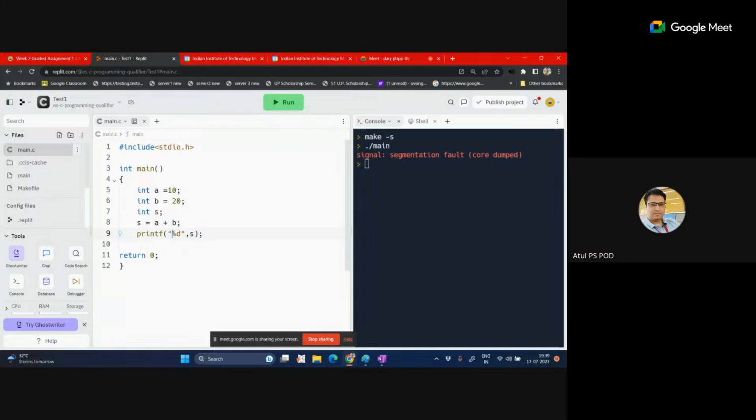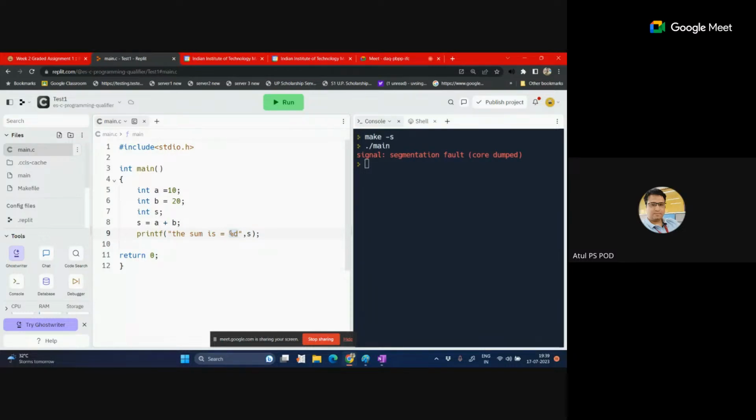You can also write some statement like this: the sum is equal to. This is the string which we are printing, and when we write this percent d in the string, the compiler will check what value we are passing for this percent d part.